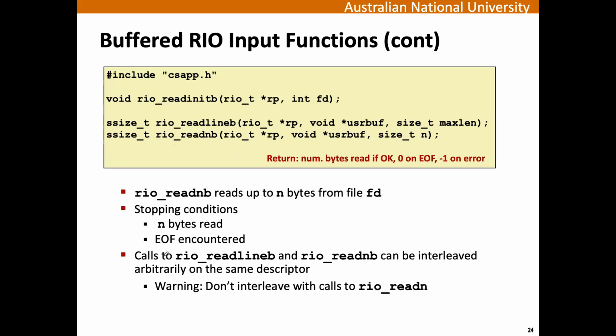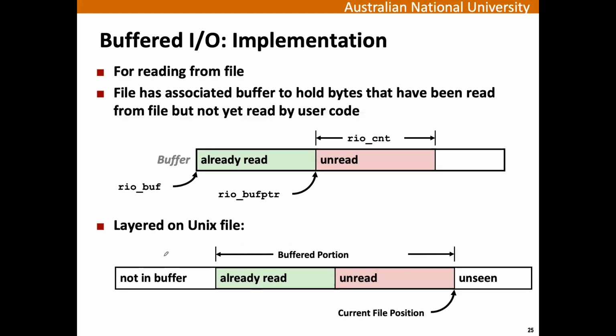Okay, so I want to give you a key idea of how you implement buffering in a library or in a package. We will look at the code briefly, but you will look at the code in the labs more deeply.